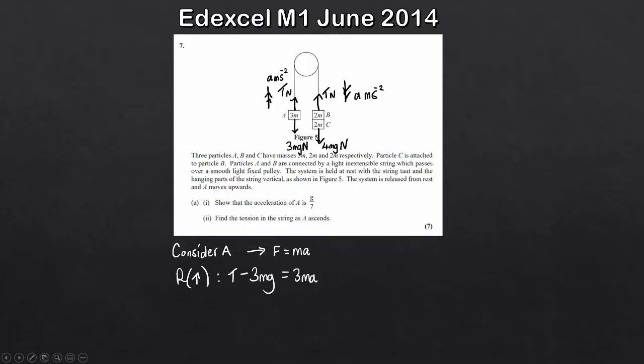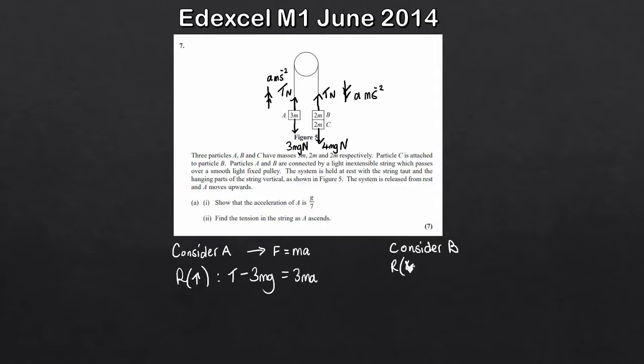Now we can consider B. Essentially we're going to obtain simultaneous equations, and then we can solve from there. So consider B. Because the motion for B is going down, I'm going to resolve in the same direction again.